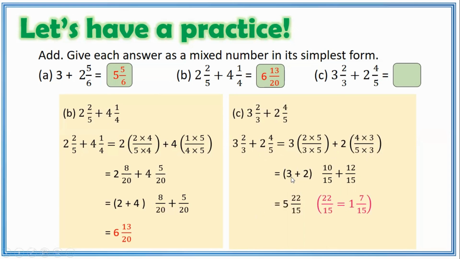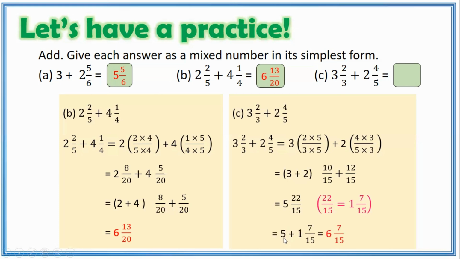So 3 plus 2 is 5. And 10 out of 15 plus 12 out of 15 is equal to 22 out of 15. Since 22 out of 15 is an improper fraction, we can change this to a mixed number. And 22 out of 15 is equal to 1 and 7 out of 15.